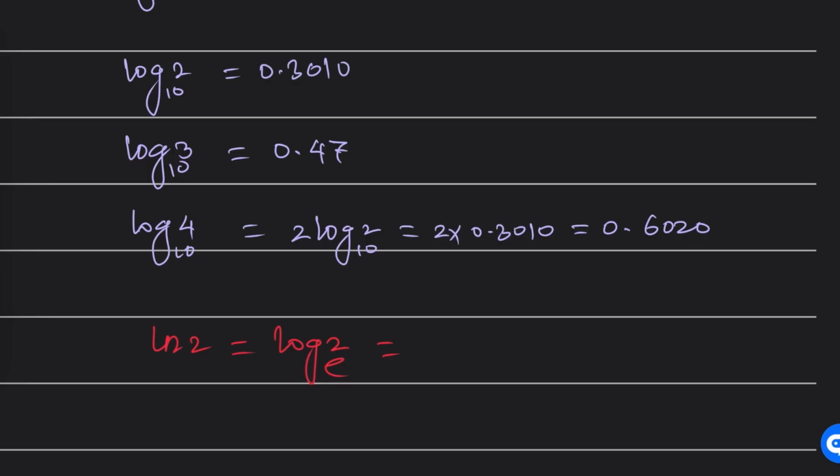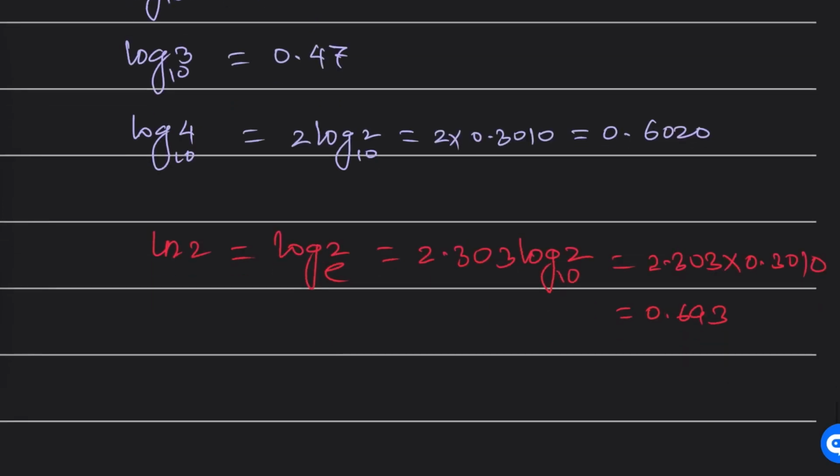So I need to convert from base 10 to base e, multiplying by the conversion factor 2.303. So 2.303 into 0.3010, and after multiplication you will get 0.693.